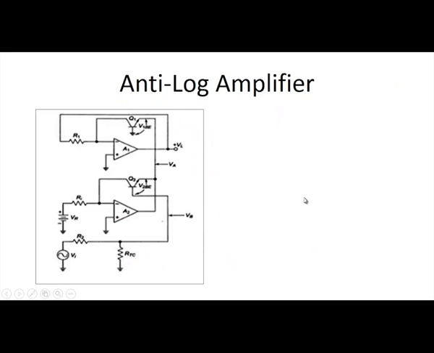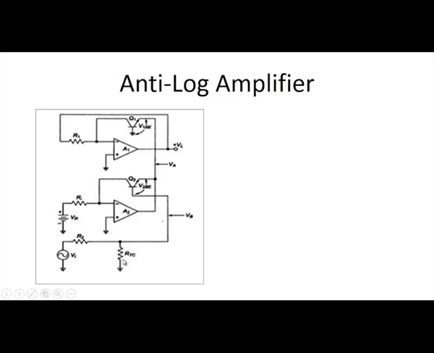And the next circuit is the anti-log amplifier. Before, we have seen the derivation of the temperature compensated logarithmic amplifier and a basic logarithmic amplifier. For the anti-log amplifier also, the circuit has two logarithmic amplifiers, and the input signal Vi is given through two potential dividers, R2 and RTC again.